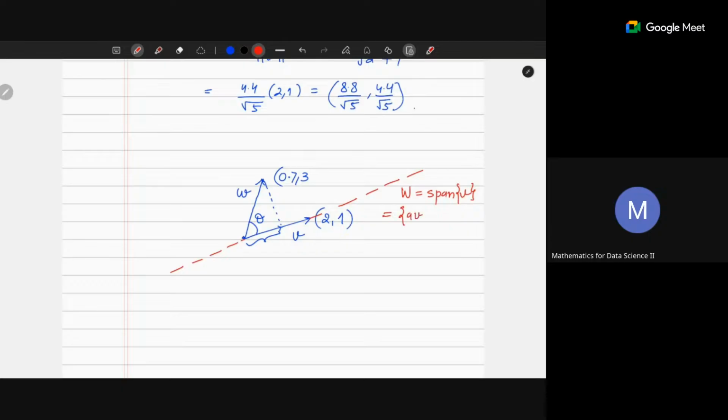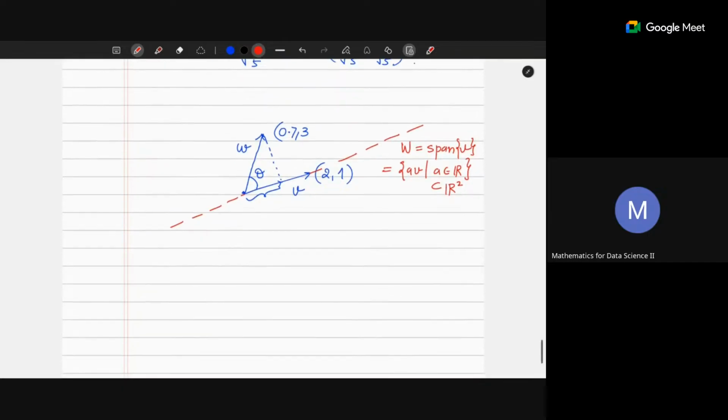It is aV, where a is a real number. It is clearly a span in R2. It forms a line. So projecting W onto V is also similar to projecting your vector onto a subspace.